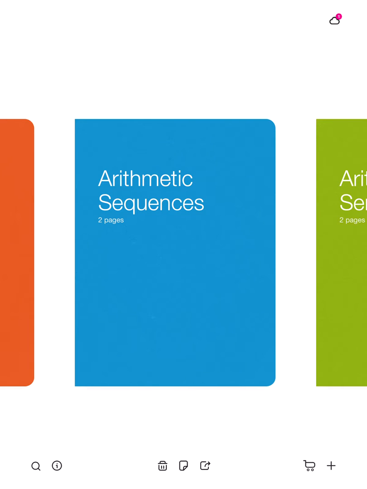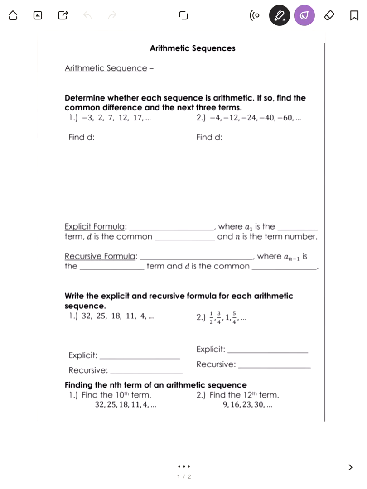This video is on arithmetic sequences. So looking at what we have, the definition of an arithmetic sequence is adding a constant value.